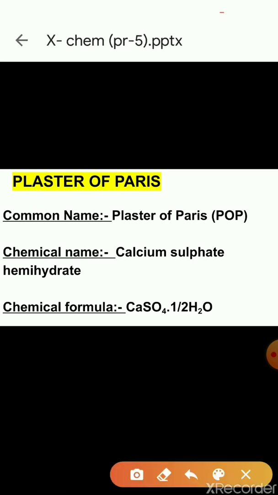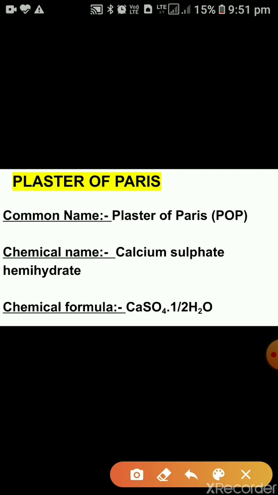Children, here you can see we are writing calcium sulfate hemihydrate. So how can we write the formula? Calcium is Ca, sulfate is SO4, that is calcium sulfate, and hemi means half. Hydrate means molecules of water. So we put here dot half H2O.